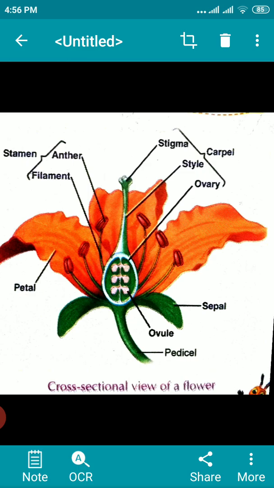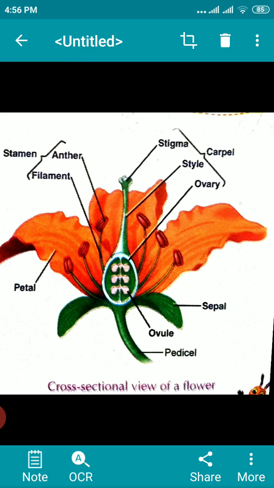The stamen is the male reproductive organ of the flower. The flower may have more than one stamen. See, in this flower you can see six are there. It is generally covered by the petals. The two main parts of the stamen are the anther and the filament.